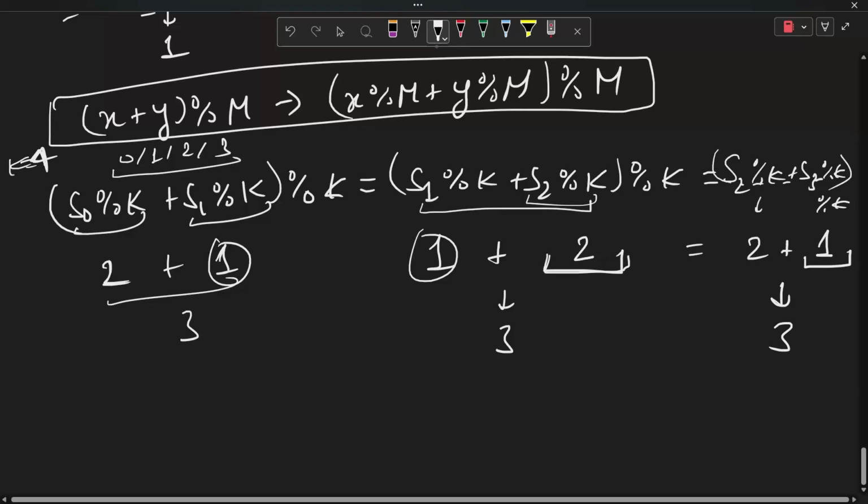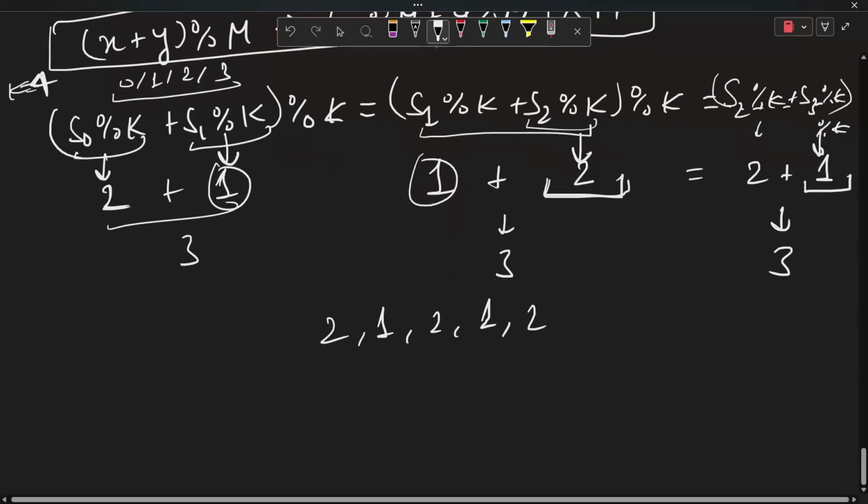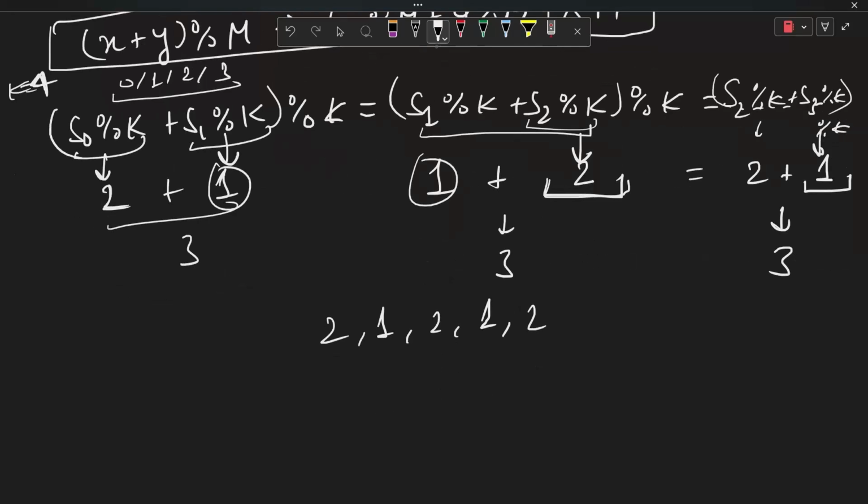It should be 1. So what you can see, S0 mod k is 2, S1 mod k is 1, S2 mod k is 2, S3 mod k is 1. So you're getting 2, 1, 2, 1, 2. You can prove this for any case, you would get an alternate pattern only. Like for the odd even case in the previous question, we had gotten an alternate pattern.